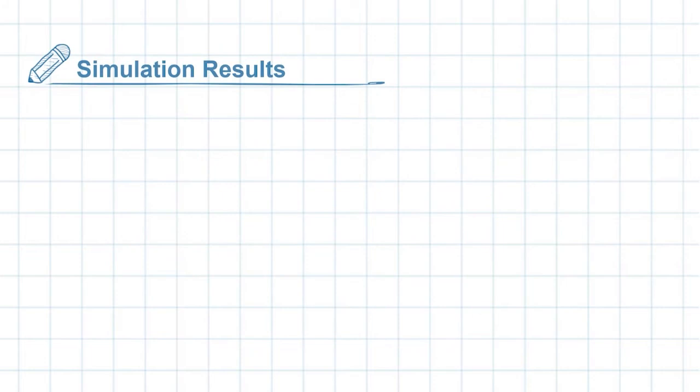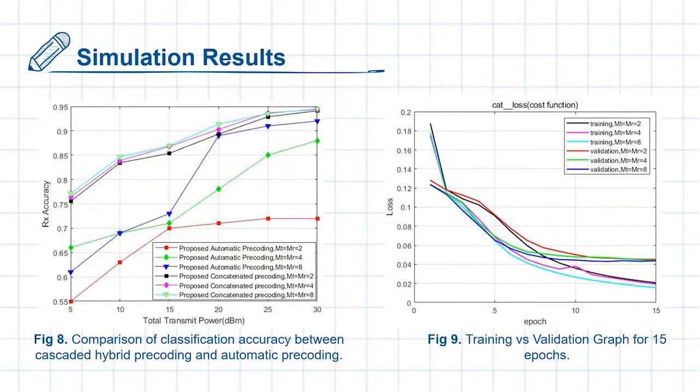Figure 8 shows the relationship between the classification accuracy of the proposed cascaded precoder and auto precoder methods with different total transmit power. It can be seen from the figure that the classification accuracy of these two schemes increases with the increase of the total transmission power.